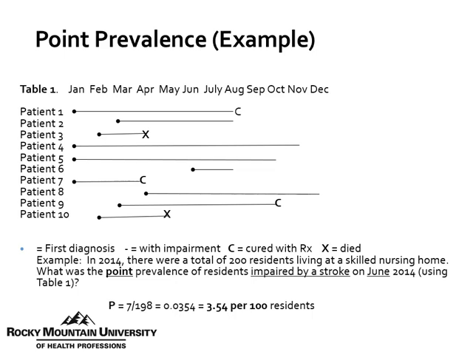Doing the math, 7 divided by 198, and then if we make it as a factor of 10 to some power, we could say 3.5 residents out of 100 were impaired by stroke at that point in time.